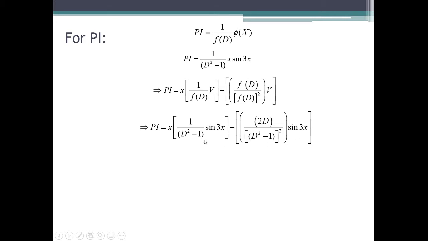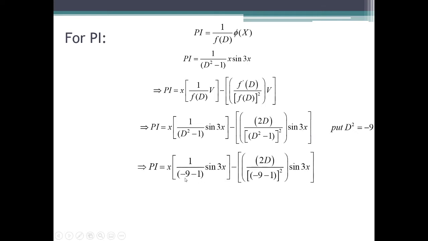Now after this we apply case number 2. For both the terms, substitution is D square equal to minus 9, because here the value of a is 3. Then we get D square equal to minus 9, here sin 3x, 2D upon minus 9 minus 1 whole square sin 3x.